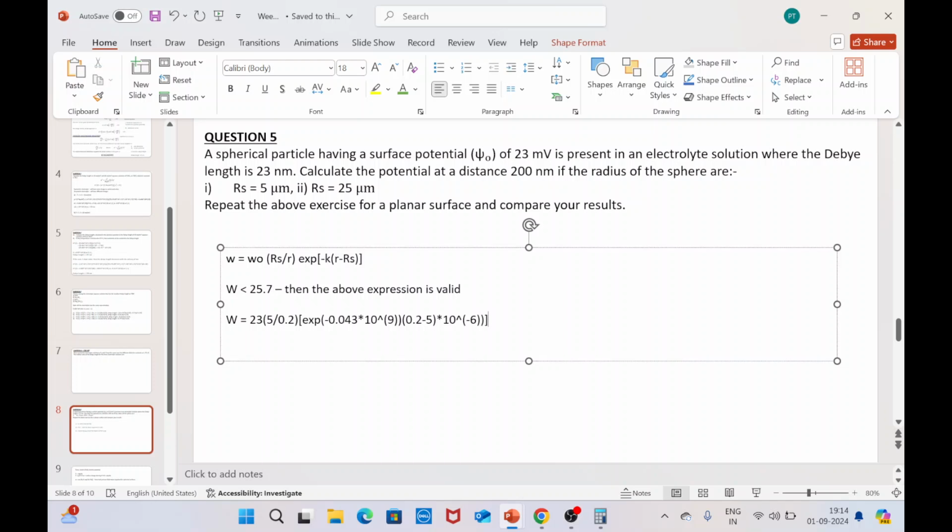If you calculate this expression, we get W equals 23. 5 by 0.2 is 25 times exponential. So this I'll calculate.